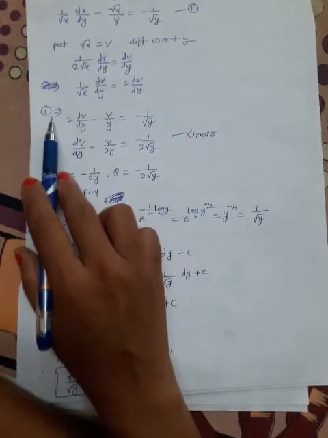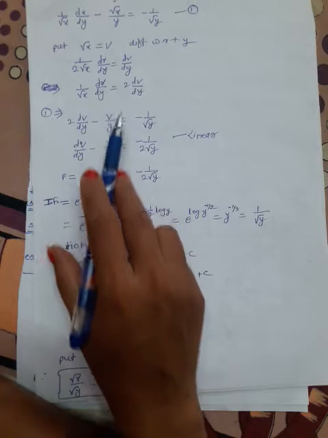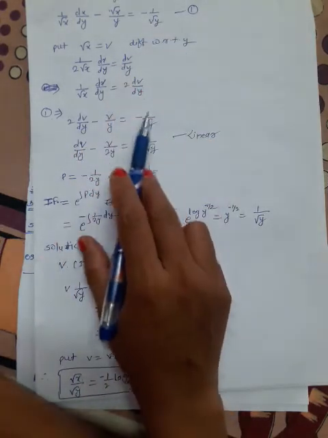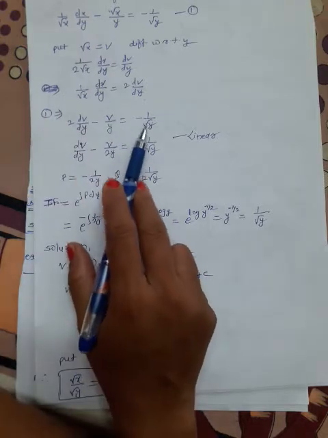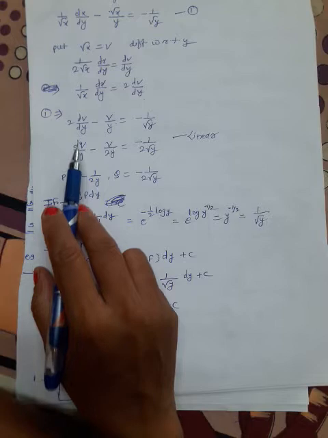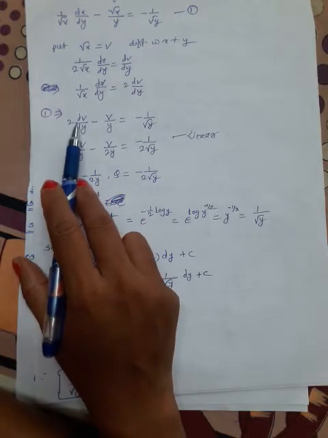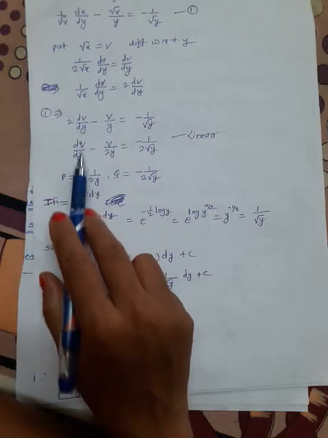What do we get? Equation 1 becomes 2 dv by dy minus, this root x is v, upon y is equal to the RHS side, which doesn't change because we are putting the root x value. That's why we keep the RHS side as it is. Now this is a linear equation, but for that the coefficient of this term should be 1. That's why divide the total equation by 2.